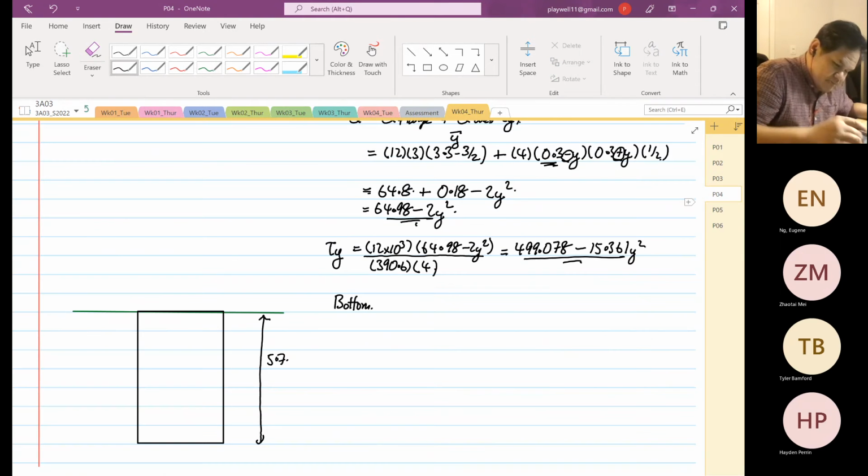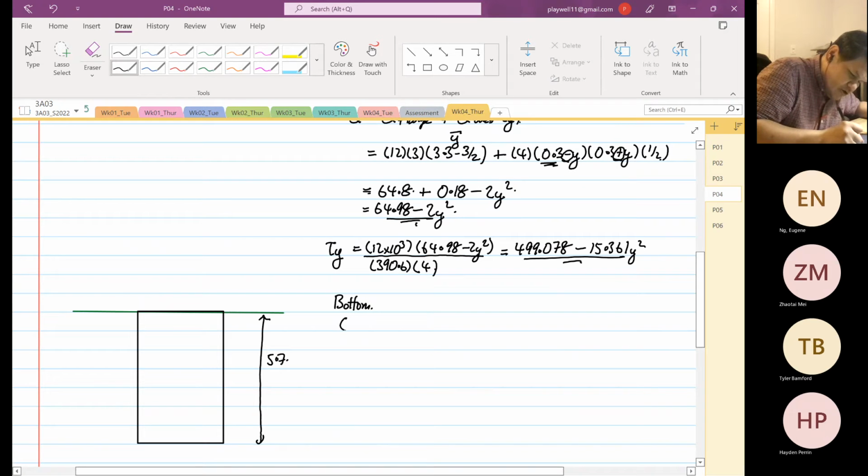Yeah, 5.7. Okay. So now we determine your Q is equal to the width is 4, 5.7 minus y, 5.7 plus y, and then we multiply by half. Okay.